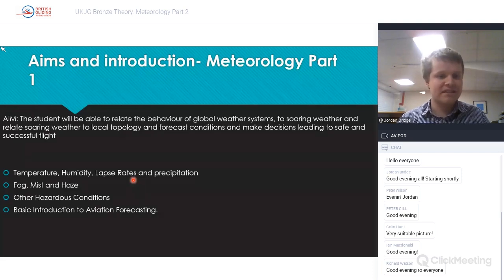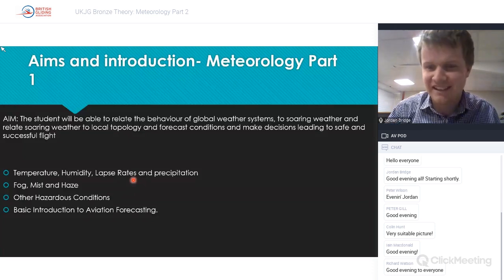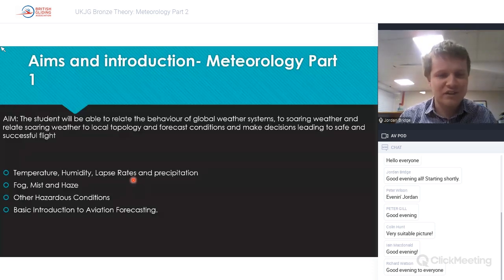We'll look at fog, mist and haze, other hazardous conditions, and a basic introduction to aviation forecasting. We will have a brief look at skew-T and logarithmic charts to do with soundings, but I must stress that it's impossible to do that within about an hour and a half, because I'm going to try and keep it to that, no later. So we've got quite a lot to get through, but hopefully it should be just as enjoyable as the last one, and thank you again for joining me.